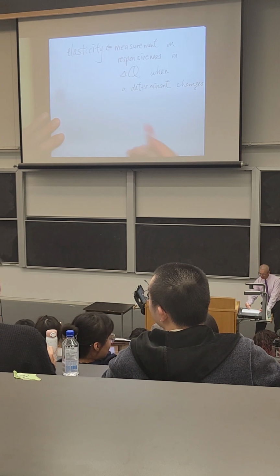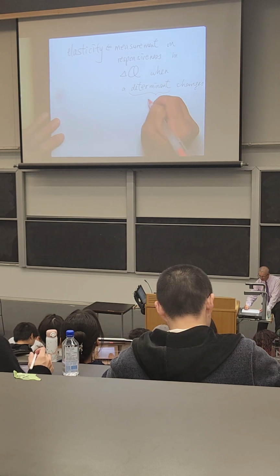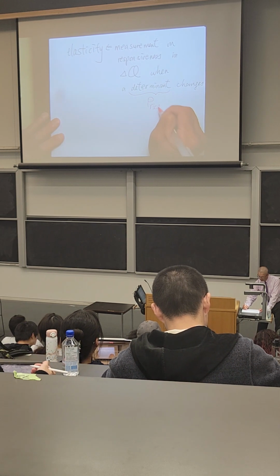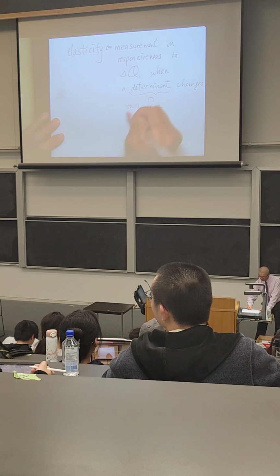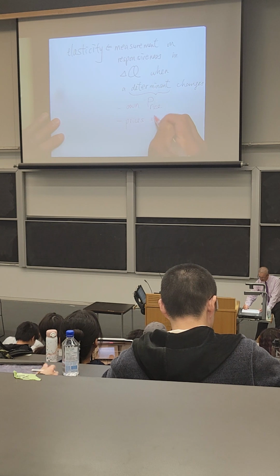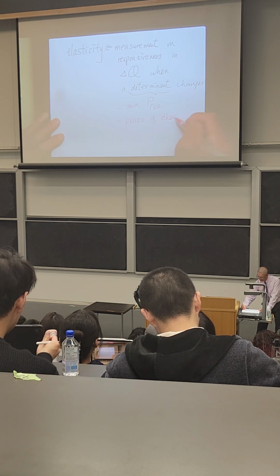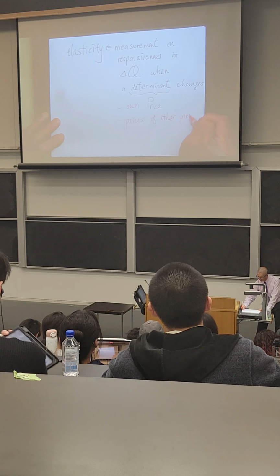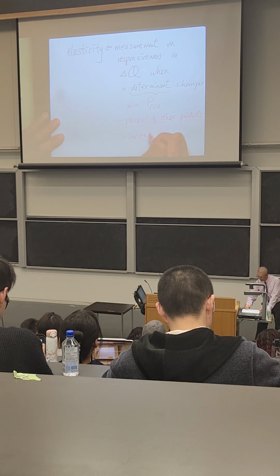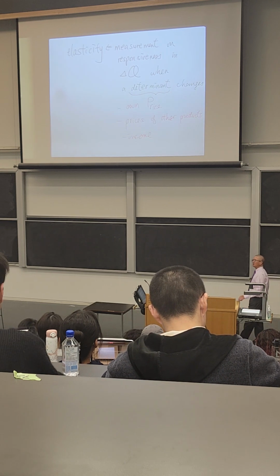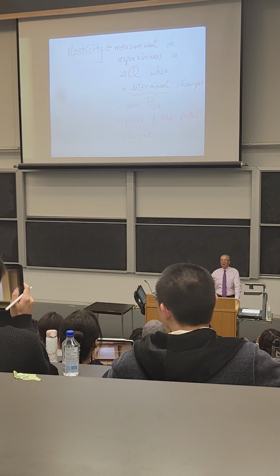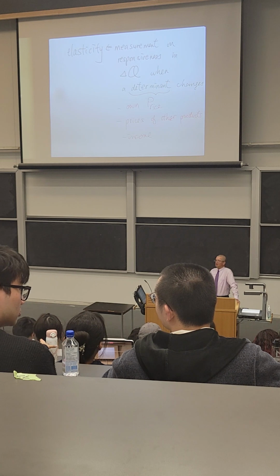The determinants we refer to are the price of the product, prices of other products, and income. Because these are quantitative measures, we can figure out the quantitative change.